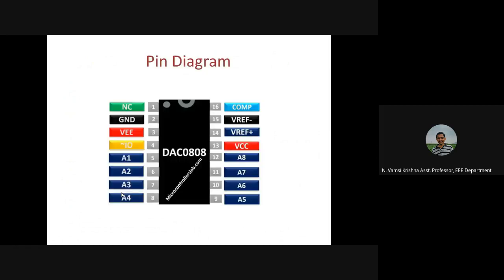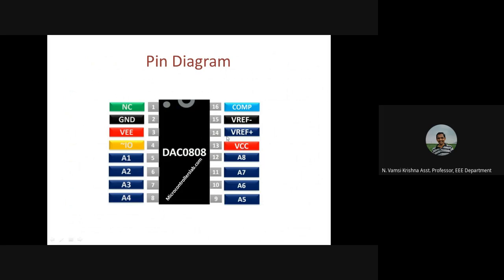This is the pin diagram of the DAC. The output current is available at pin number 4, I0. The data we are going to give is 8 bits, A1 to A8.